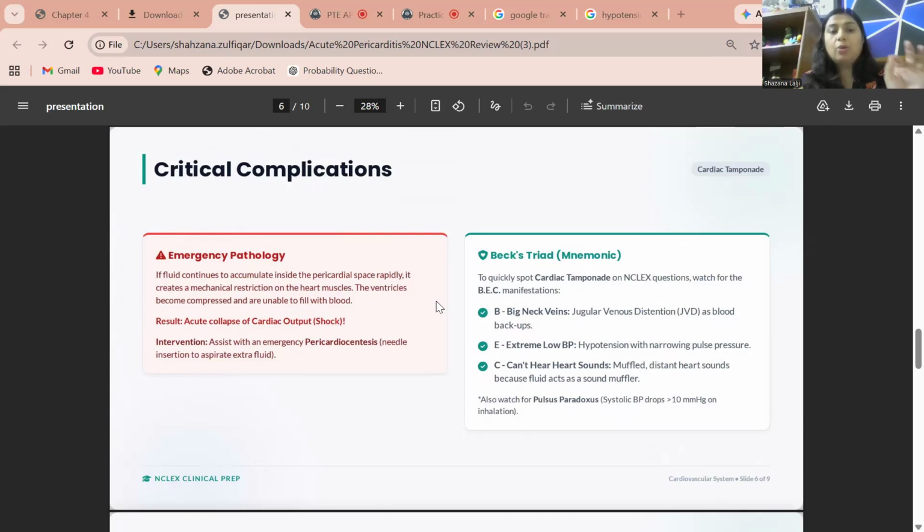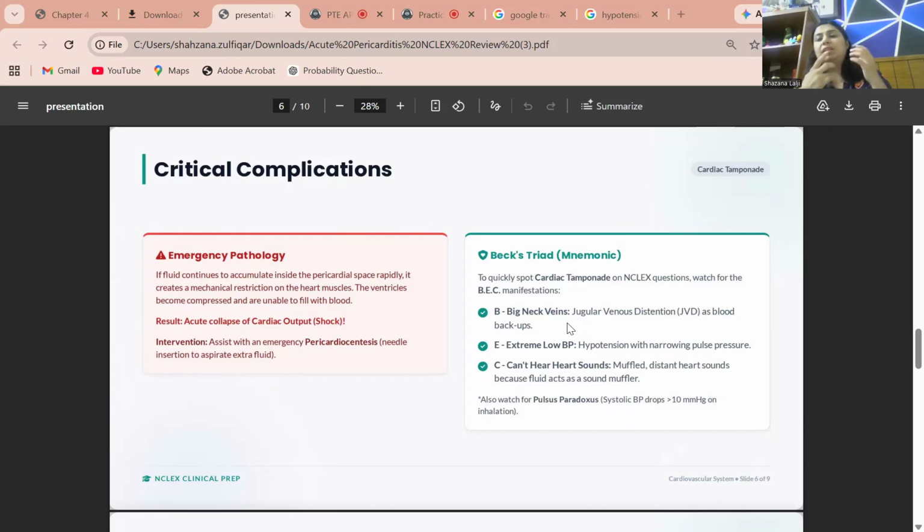Now, what are the important signs of cardiac tamponade that the nurse needs to remember? This is a very high-yield topic in the NCLEX. The main and important sign of cardiac tamponade is the big neck vein: the jugular vein gets distended.